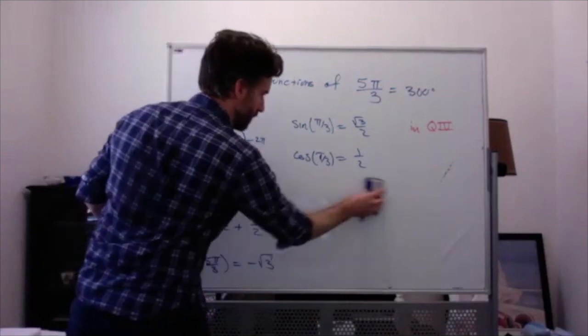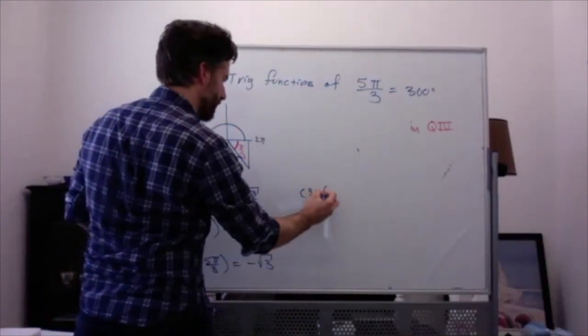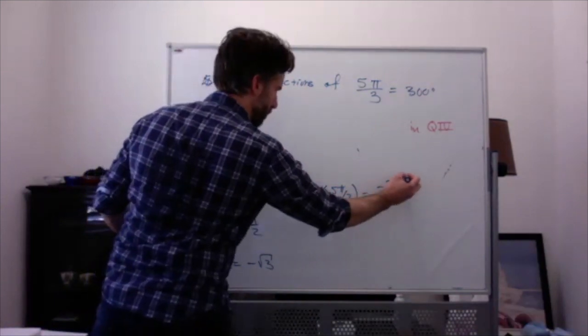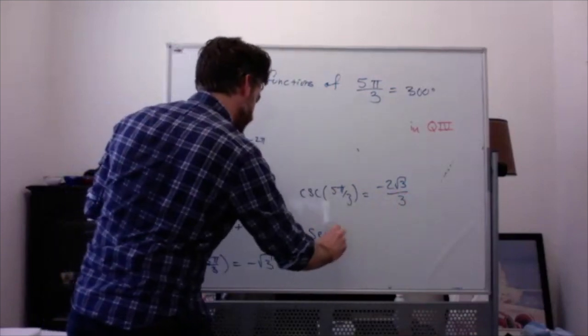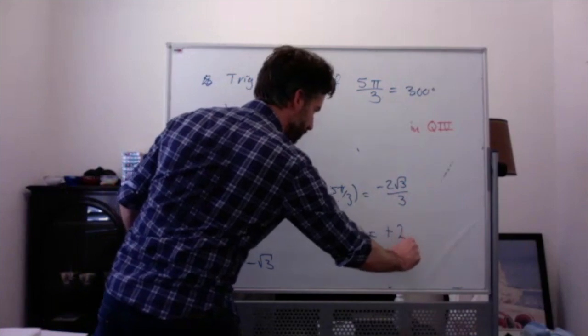So I'm going to erase this here. Cosecant of 5 pi over 3 would be negative 2 root 3 over 3. Secant of 5 pi over 3 would be positive 2.